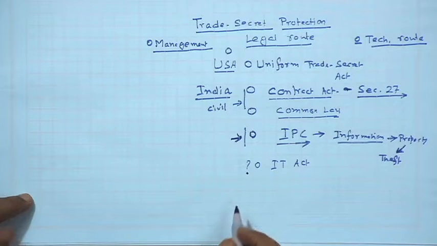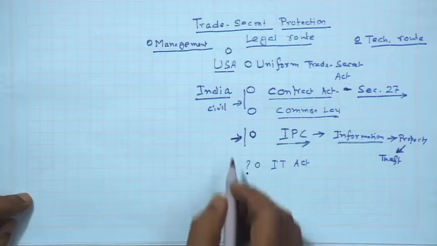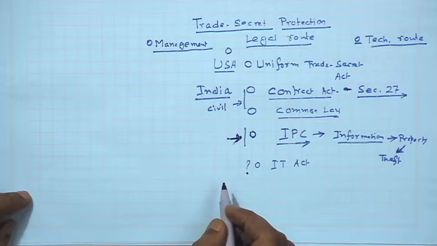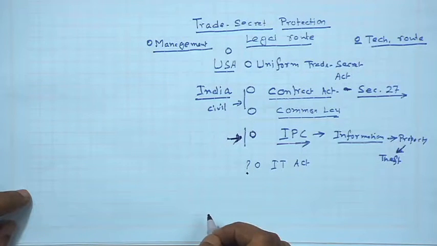So, from a company's perspective, these are the legal routes or legal tools available to an organization for protection of trade secrets, not by any specific law, although researchers are suggesting that the time has come in India to enact specific legislation for protection of trade secrets.